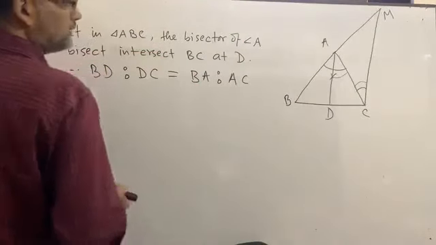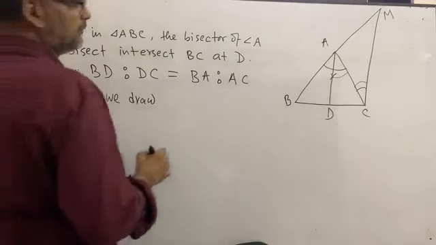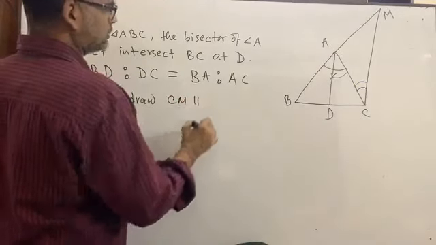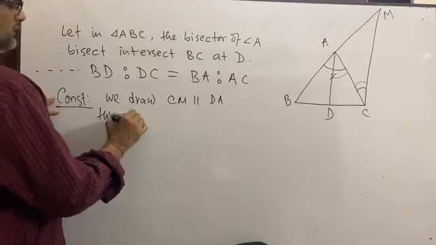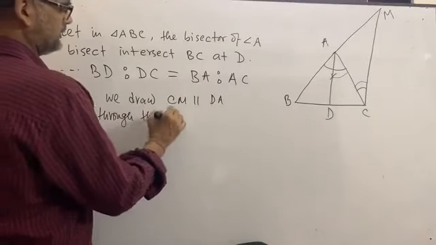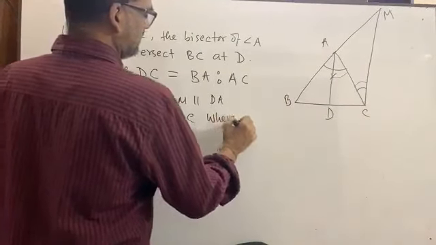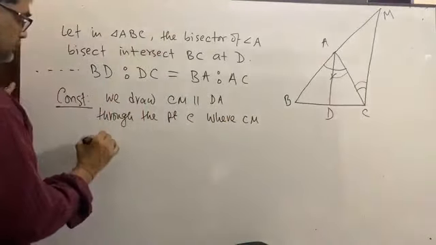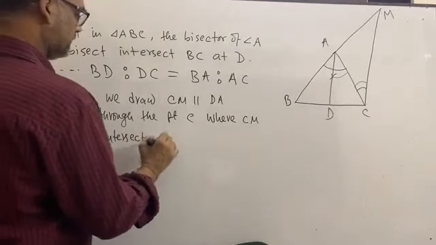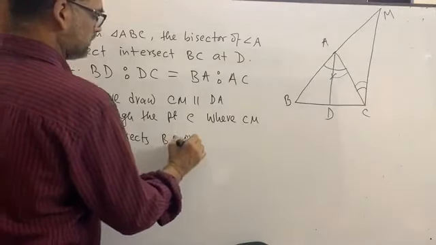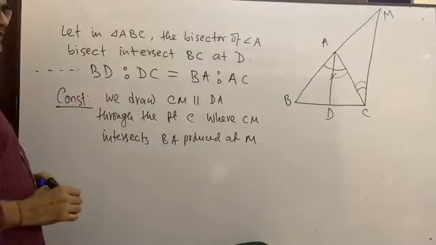We draw CM parallel to DA through the point C, where CM intersects BA produced at M. Please try to understand what will you do.